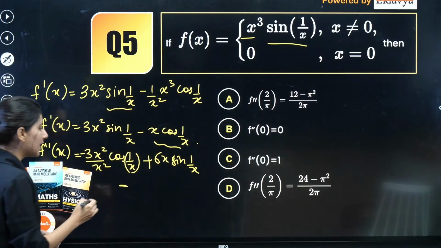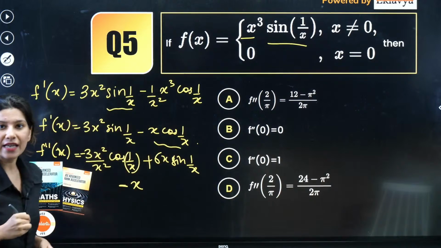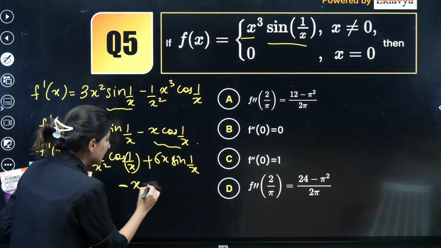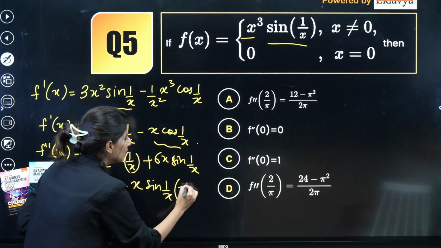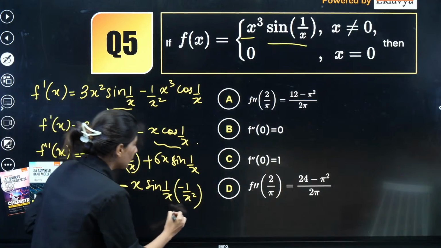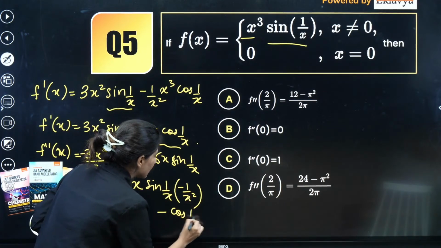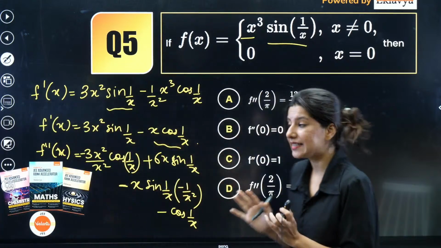What is the derivative of x cos 1 by x? x is kept constant, and the derivative of cos 1 by x will be minus sine 1 by x, and again one more minus, so minus 1 by x square. And this time I'm going to keep minus cos 1 by x constant and the derivative of x is 1.